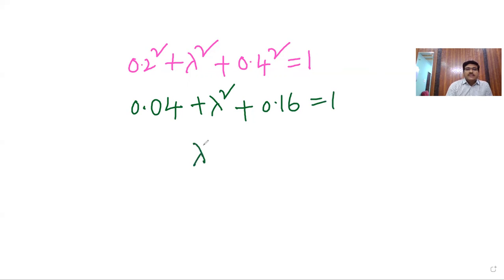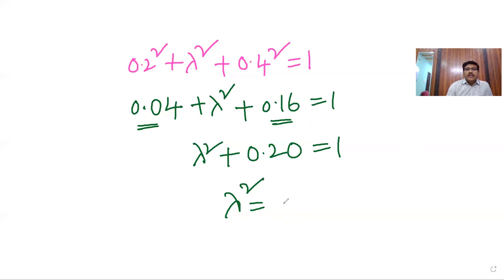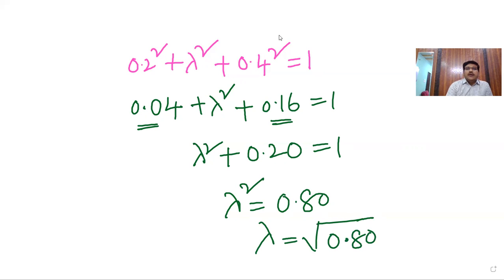Add this, simplify this. 0.04 plus 0.16 becomes 0.20, which is equal to 1 minus lambda square. Lambda square is 1 minus 0.20, which is 0.8. Lambda becomes the square root of 0.80. This will be the answer for the question.